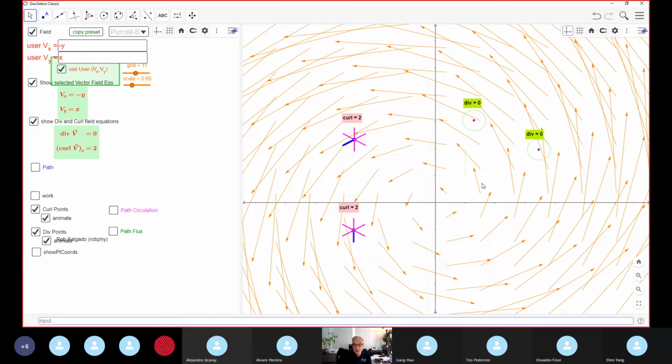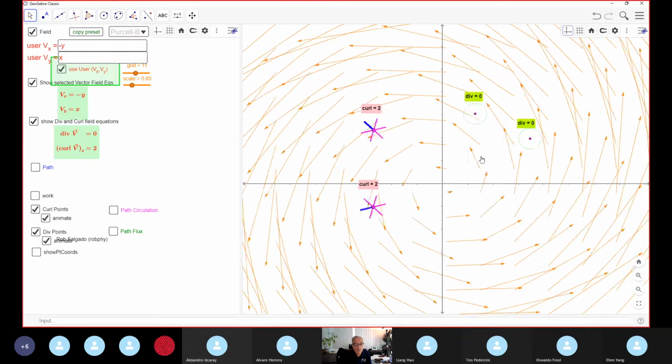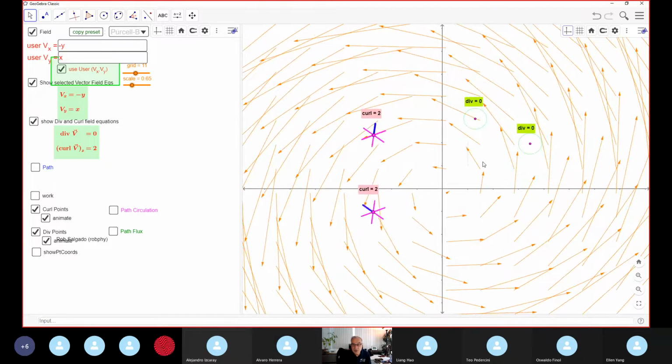Okay, look at the hurricane. Now, in the animation, you see at any point I put here local property, divergence 0. So no source, no sink. However, at any point you put the paddle wheel, the curl is equal to 2, counterclockwise. It's cool or no?